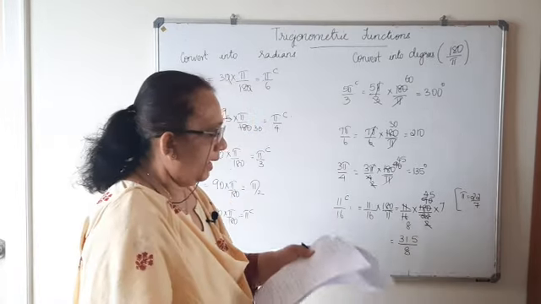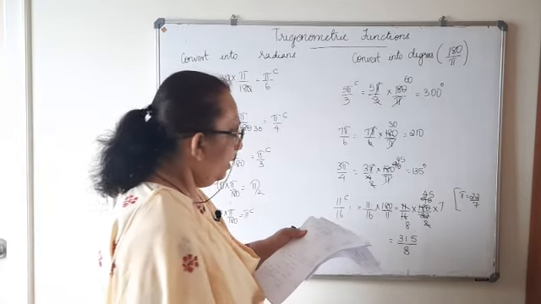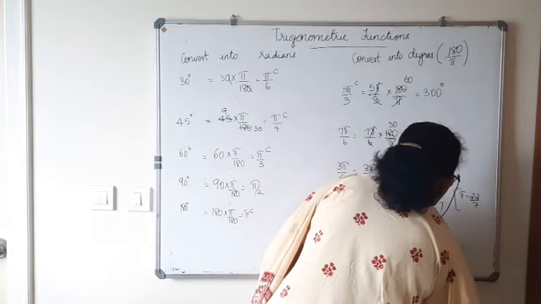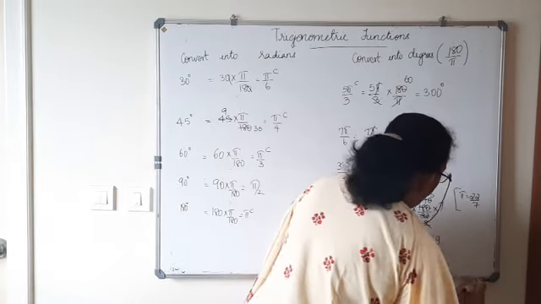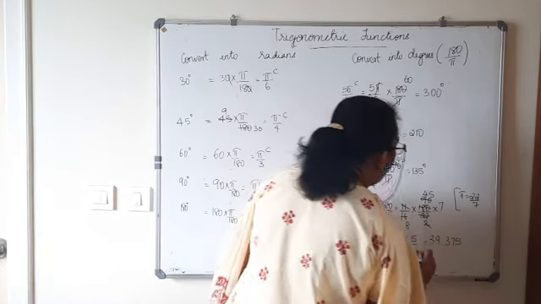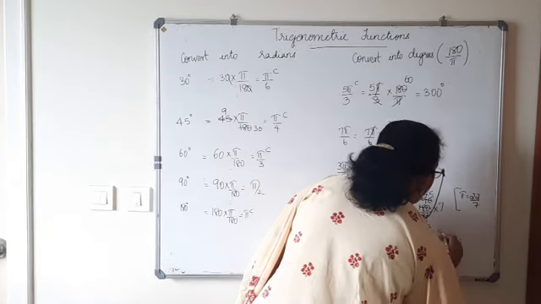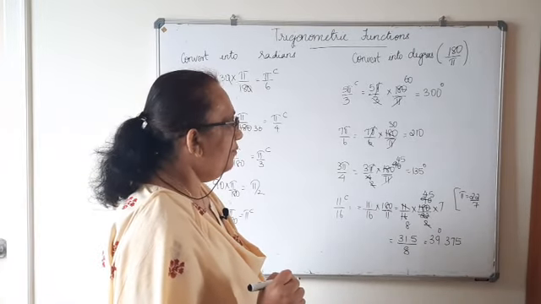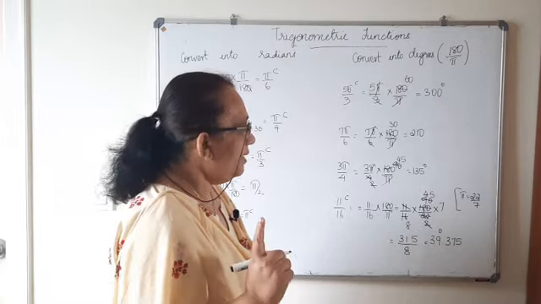You can use your calculator, and when you divide, you get 39.375. So this is 39 degrees 0.375. You have to convert everything into minutes and seconds.